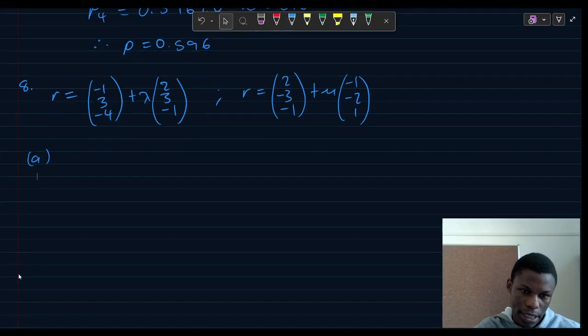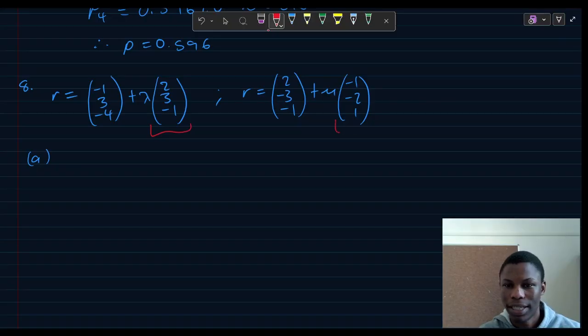Okay, so if lines are skew, it means that they are not parallel and they do not intersect. So the first thing that we have to show is that they are not parallel. Lines are parallel if their direction vectors are scalar multiples of each other. In other words, if I take these two direction vectors, I can tell that there is no number that I can multiply (-1, -2, 1) by to get (2, 3, -1).